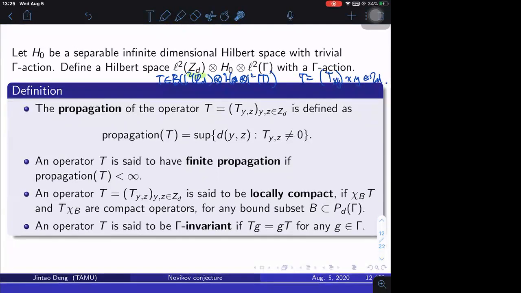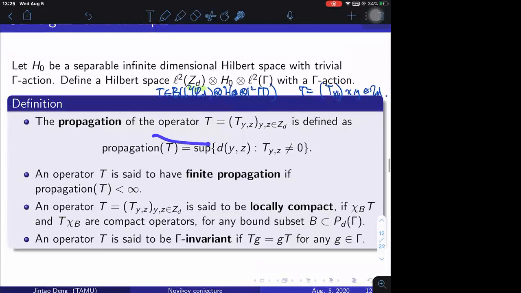The propagation of such an operator is defined to be the sup of the distance between y and z such that the entry at (y, z) is not equal to 0. If the propagation of T is smaller than infinity, we say T has finite propagation.